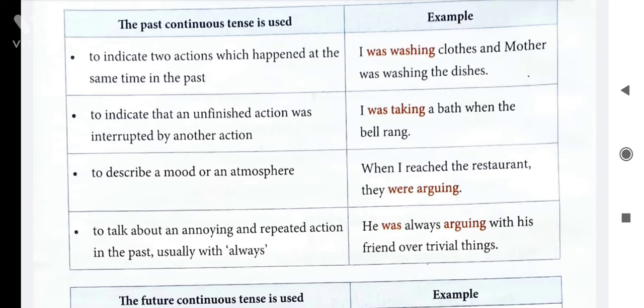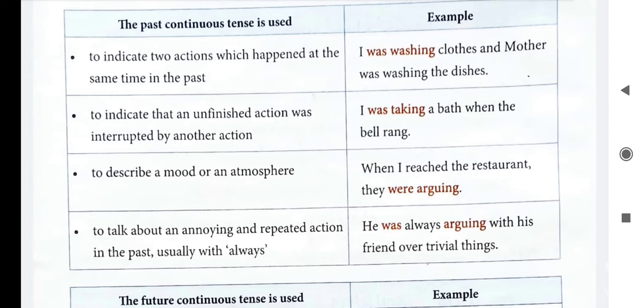Now, the past continuous tense is also used to indicate that an unfinished action was interrupted by another action. Something was happening and it was not finished yet, but it was interrupted by another action. For example, I was taking a bath when the bell rang.